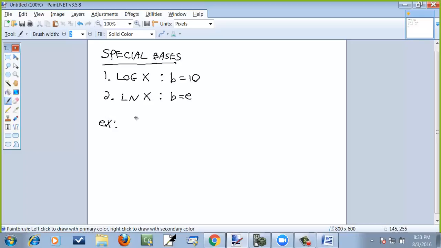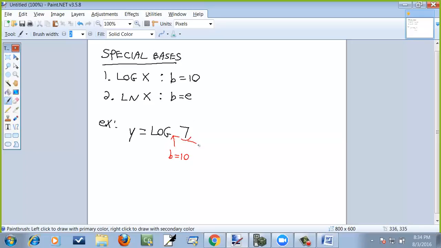So, if I have something of this form, let's say we got y is equal to log of 7, and we're wanting to write it in exponential form. Well, our base would be right here, and since there is no number and it says log, our base is 10.